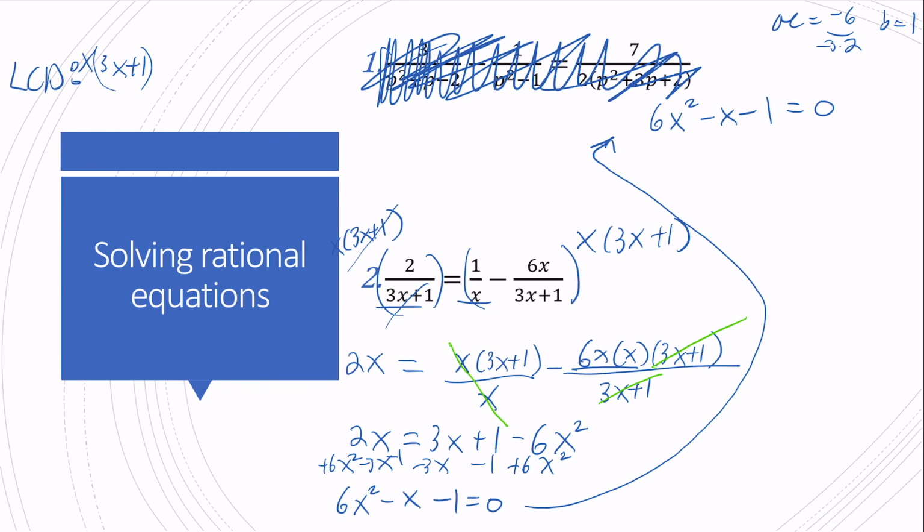And because my A isn't 1, I can't use the shortcut. So I have 6x squared minus 3x plus 2x minus 1 is 0, and we factor by grouping. The greatest common factor of 6x squared and a negative 3x is 3x. The greatest common factor of 2x minus 1 is a 1.